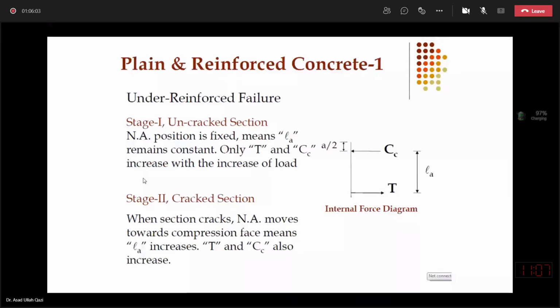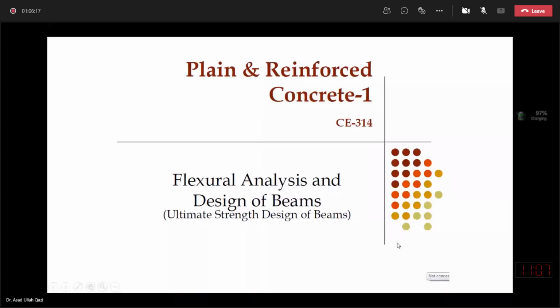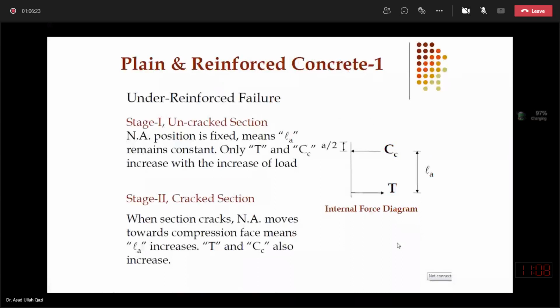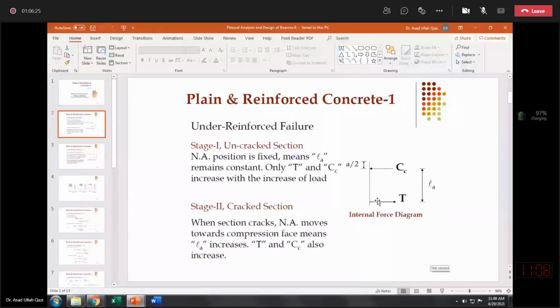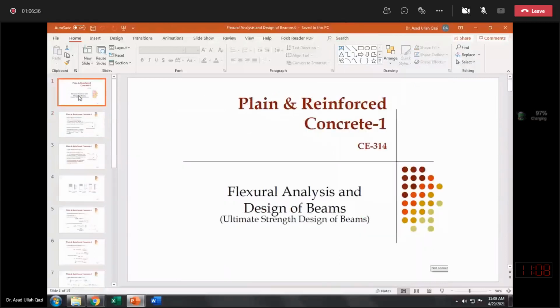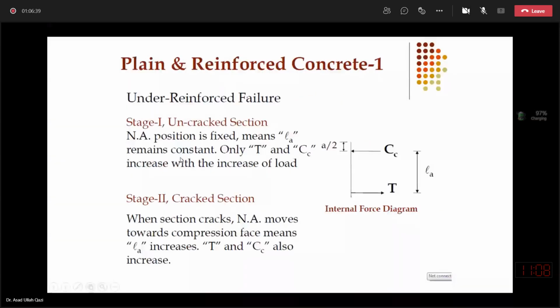So in under reinforced failure, so let me zoom in. Now, in under reinforced failure, there are various stages which are highlighted here.